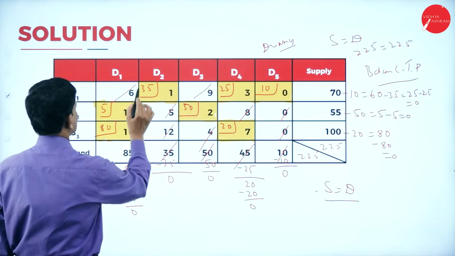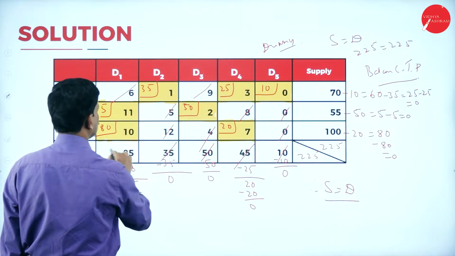Totally how many allocations? 1, 2, 3, 4, 5, 6, 7.